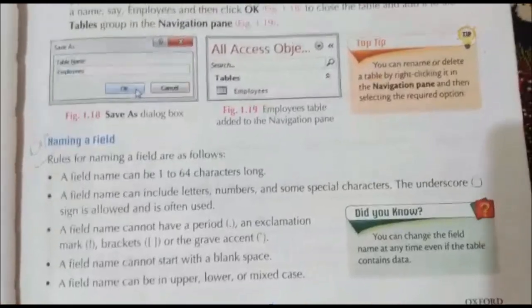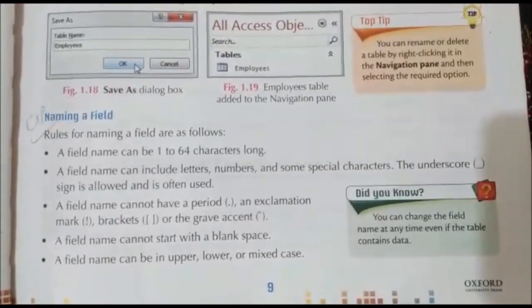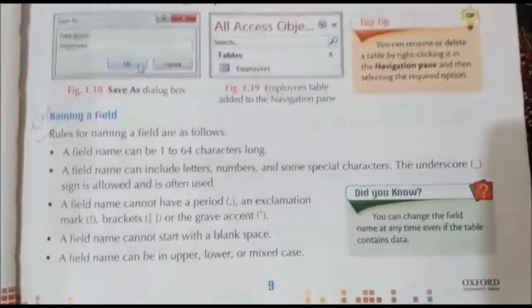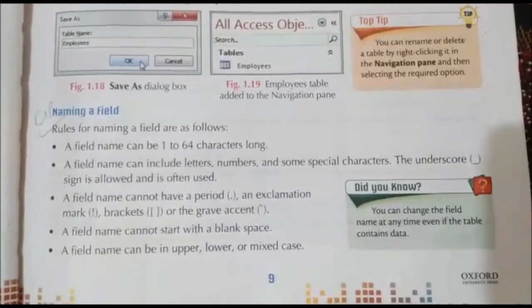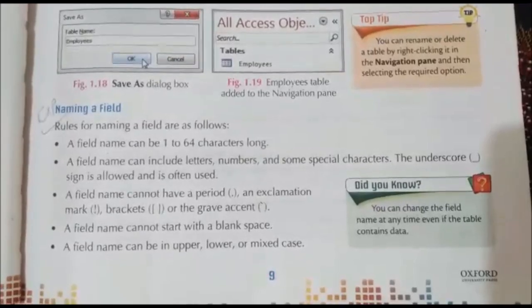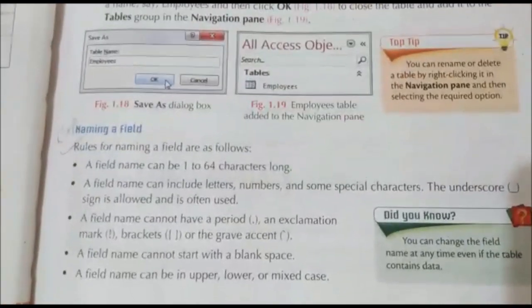You can add just 1 to 64 characters in the name of a field. You can add letters, numbers, and some special characters. A field name cannot have a period, exclamation, bracket, or grave accent. It cannot start with a blank space. A field name can be in upper, lower, or mixed case.